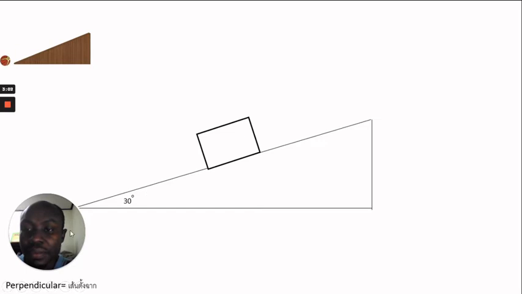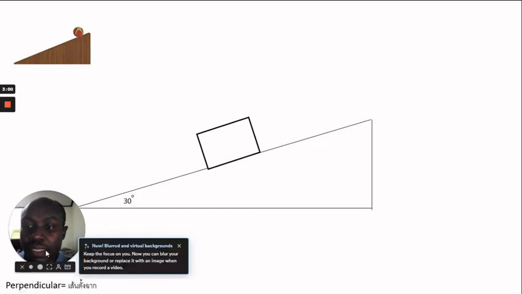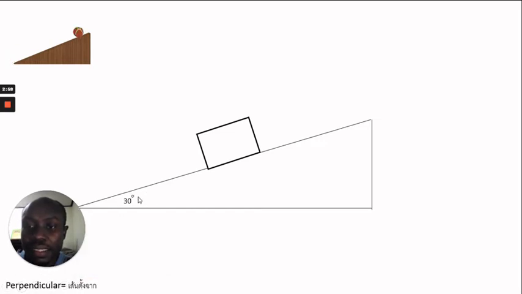We have a ramp at a 30 degree angle, and we have a box on the ramp. Let's look at the different forces. The first force is the weight, mg, which is pointing down.